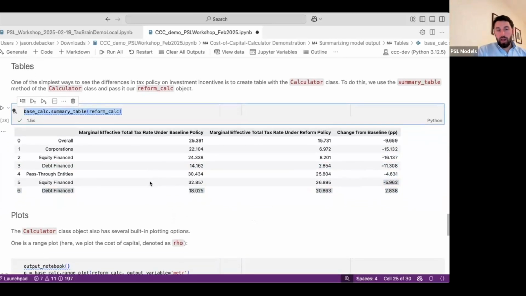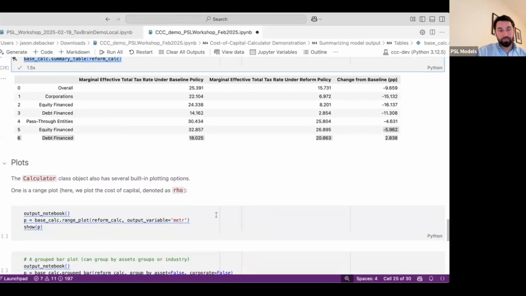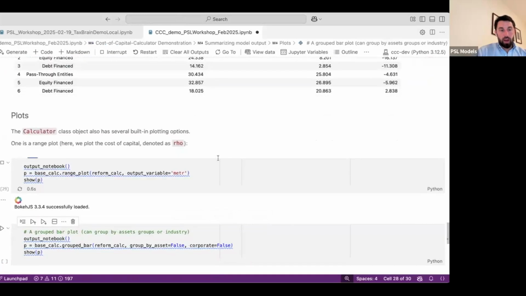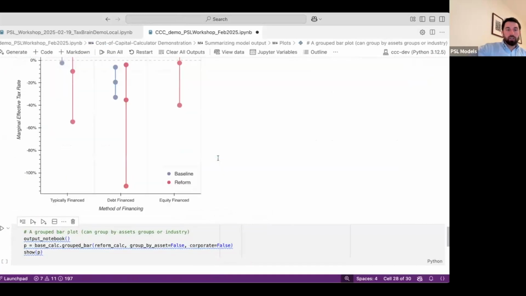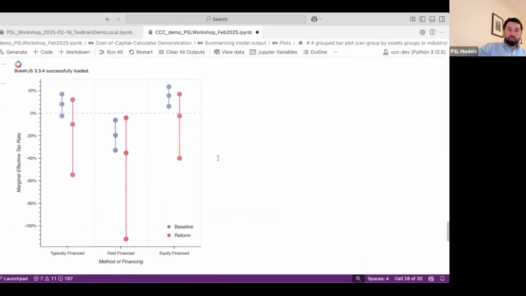We might also want to visualize some of these changes, and there are handy functions in Cost of Capital Calculator to do just that. So here I'm going to create what's called a range plot. This is going to be helpful if we want to visualize differences in treatment across asset types. What these range plots are showing is, for the baseline in blue and the reform in red, the top percentile and bottom percentile of the marginal effective tax rates.